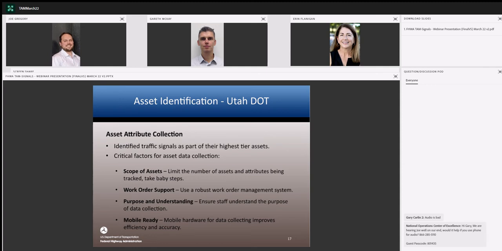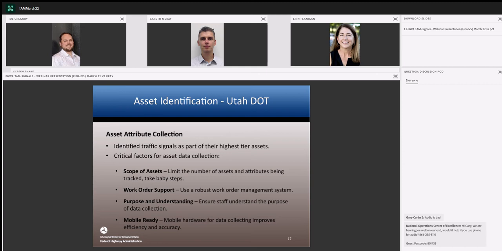Utah DOT is another example here. We've got some thoughts from Utah DOT. Utah DOT has a tiered approach to their assets, and traffic signals and ITS is up there in the top tier alongside pavements and bridges. What those tiers mean for Utah DOT is that for those assets, they want to have the most information about them. There are requirements in terms of what information is collected about those assets.